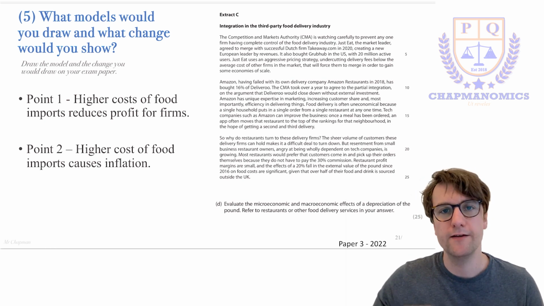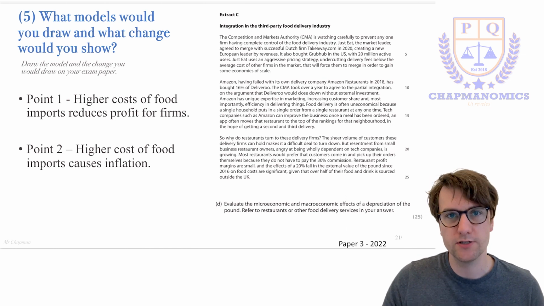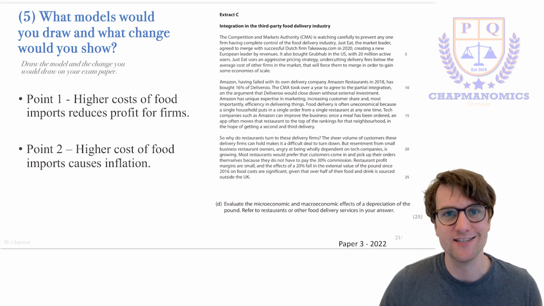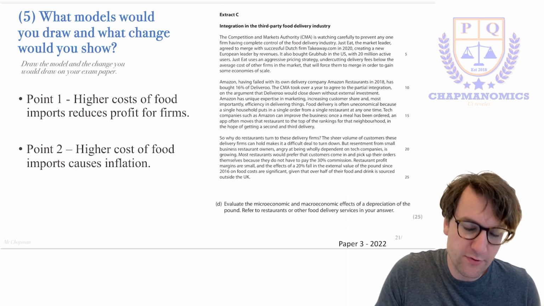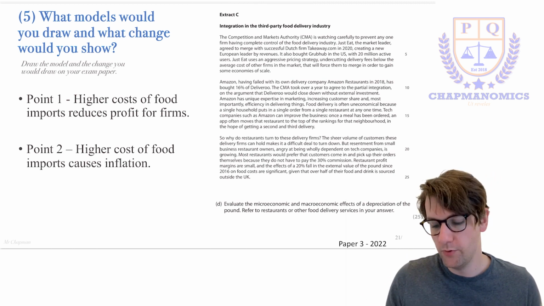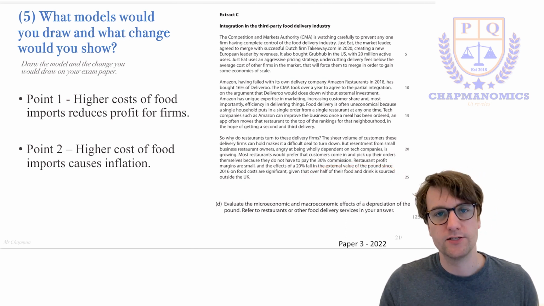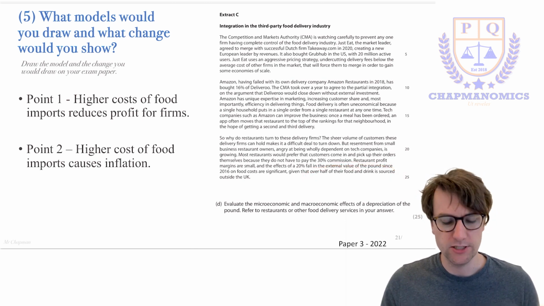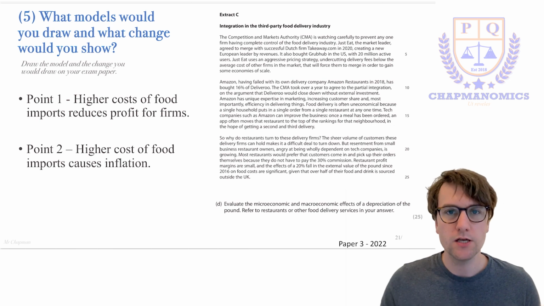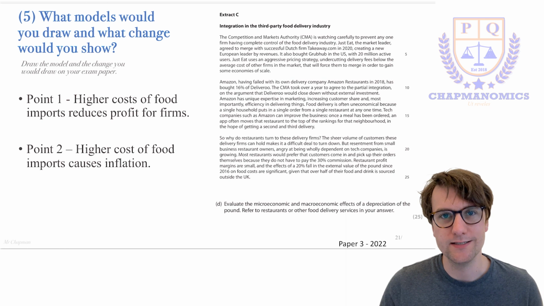And therefore, it affects supermarkets, it affects restaurants, it affects everything we eat pretty much. And therefore, if we have a depreciation in the pound, we're importing half of our food, and that's down here in the case study. And as a result, it's probably going to cause some level of inflation, some cost push inflation. So pause the video now, give this a go for yourself, and then we can go through it together.